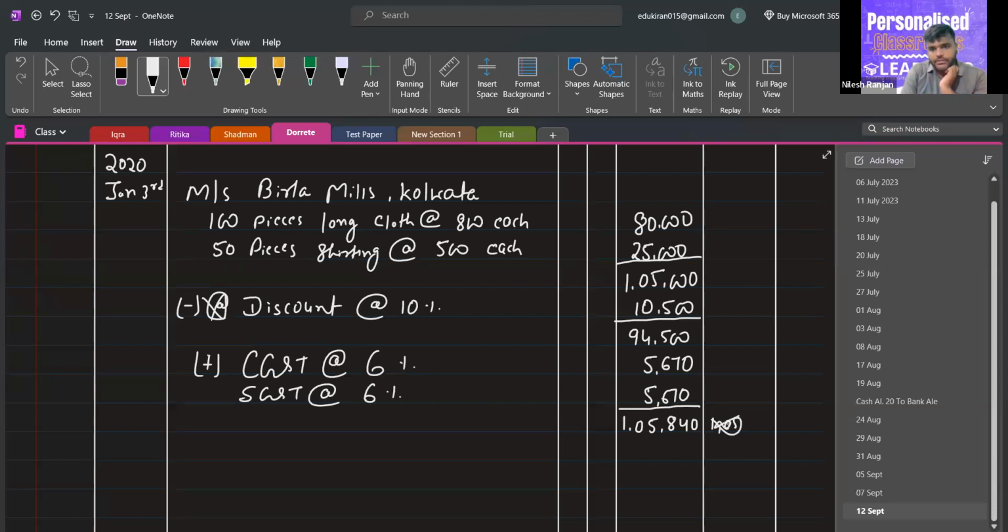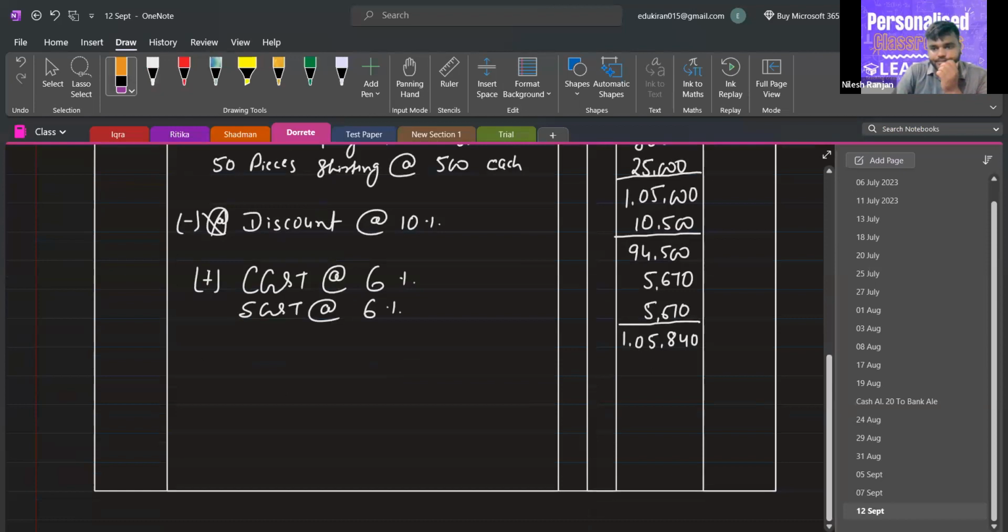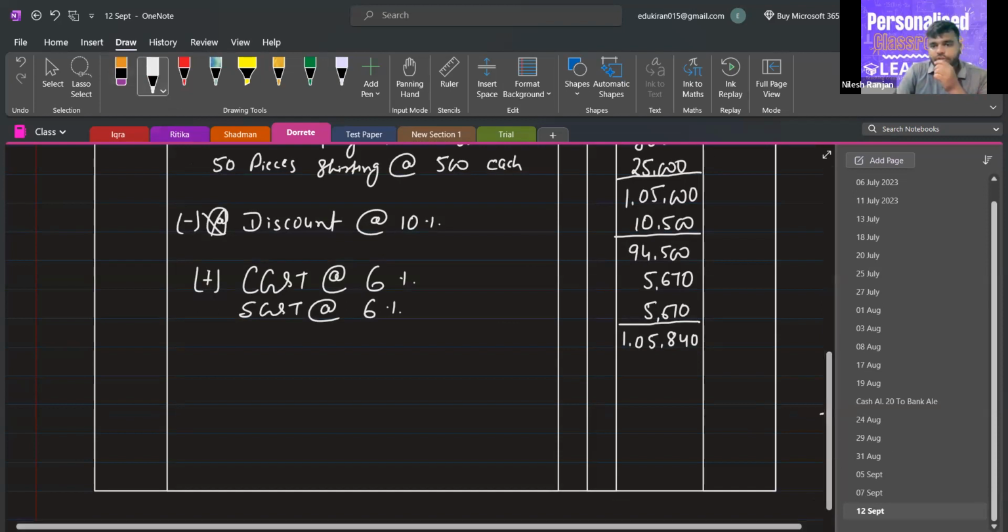Actually, when we write like this, in this situation we have to prepare different columns, like we have prepared this.